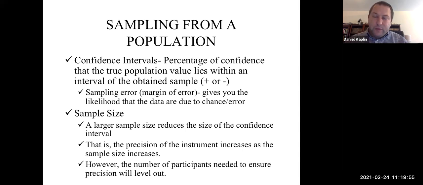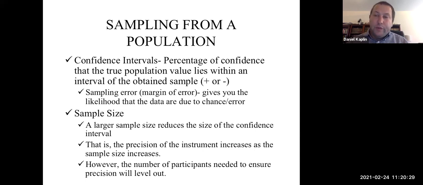Now, when we have samples, we do plus or minus in percentage. What we see in general principles is that the larger the sample size is, it results in a reduction of the confidence intervals. So the plus or minus percentage gets smaller as sample size increases, because as sample size increases, it approximates the population better and better.